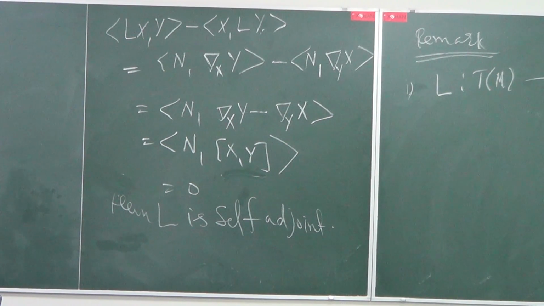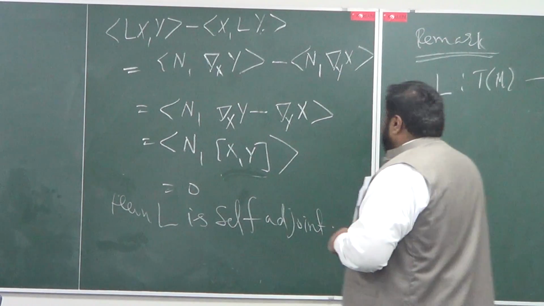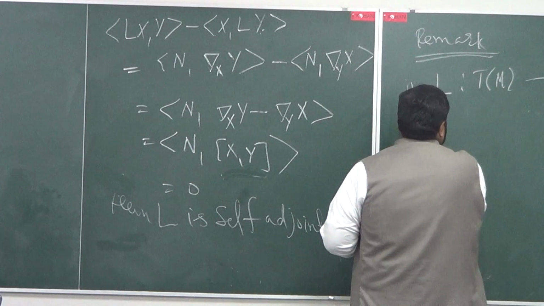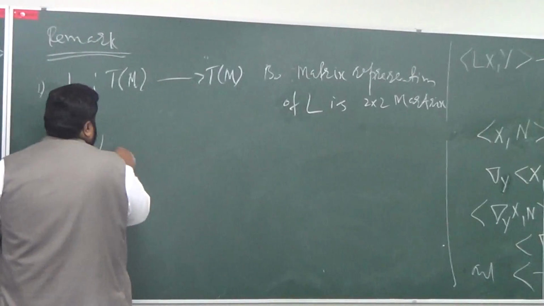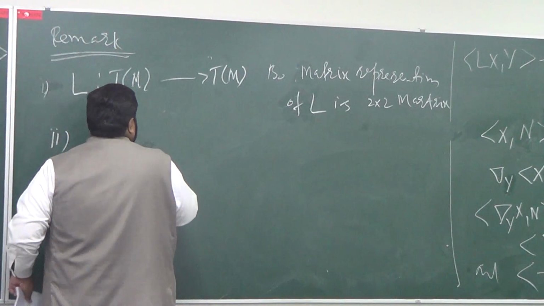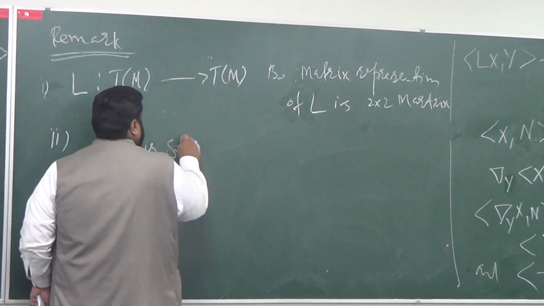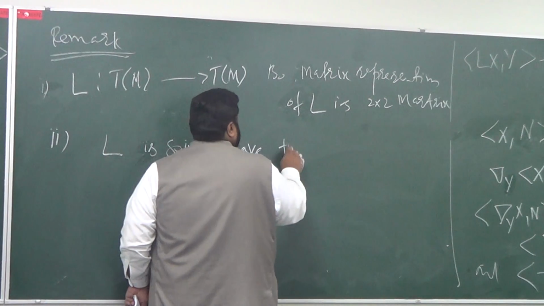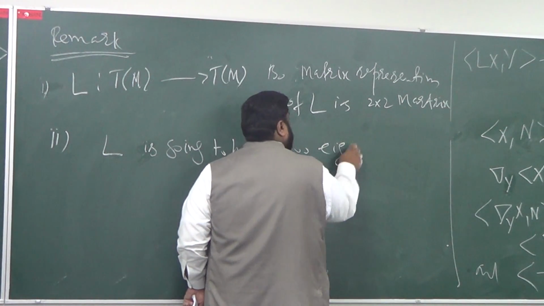For this 2 by 2 matrix, how many eigenvalues would there be? Maximum 2. So the consequence of this is that L is going to have two eigenvalues.